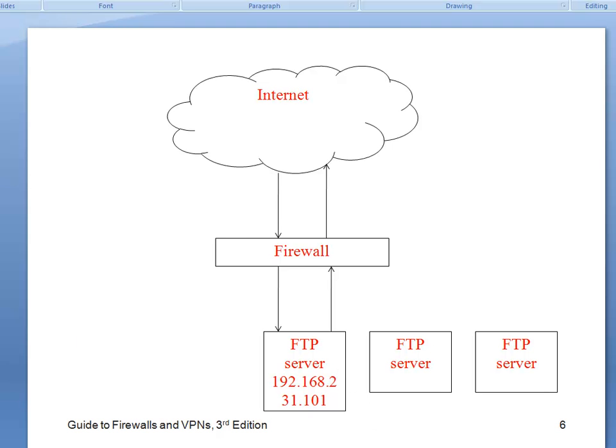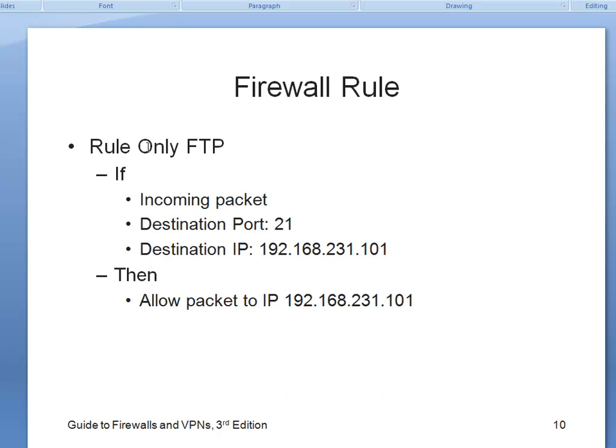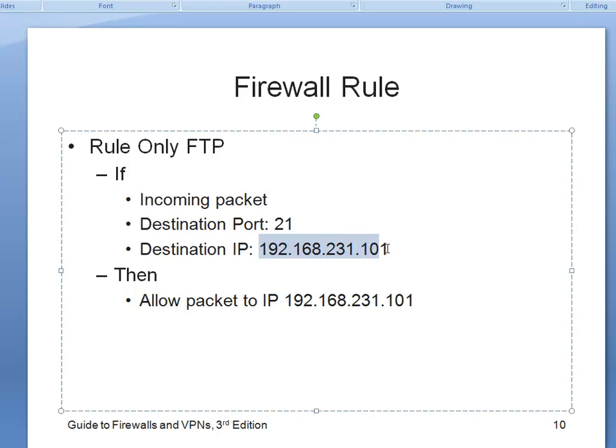Well, we can do this. The conditions are now it's an incoming packet, the destination port is 21, which is FTP, and the destination IP address is this address. So if all three of these conditions match, then we allow them in to that address.